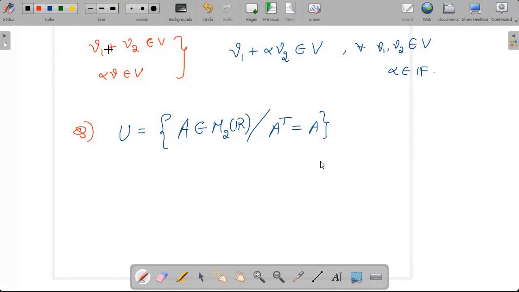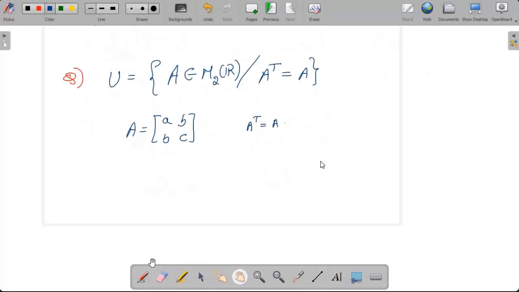If you take a symmetric matrix, how will it be? A equal to [a, b; b, c], right? And you can see that A transpose is the same as A here. This is how it looks.